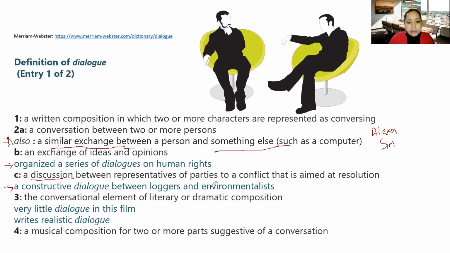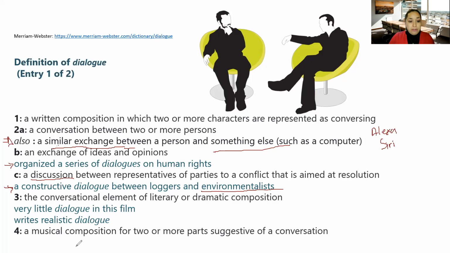It's been well known that the environmentalist people fight for the environment's rights, and that's through conversation, through speaking. Number 3, it's also the conversational element of literary or dramatic composition.